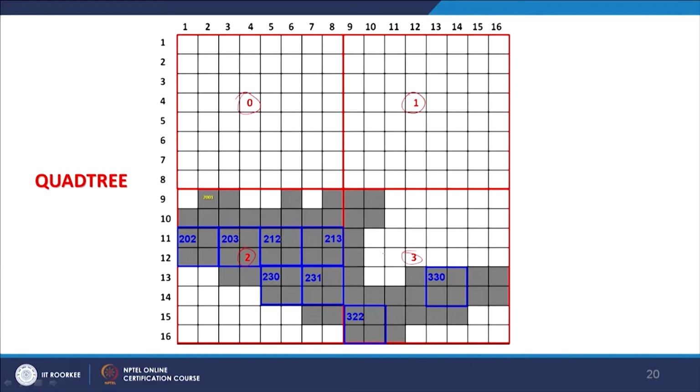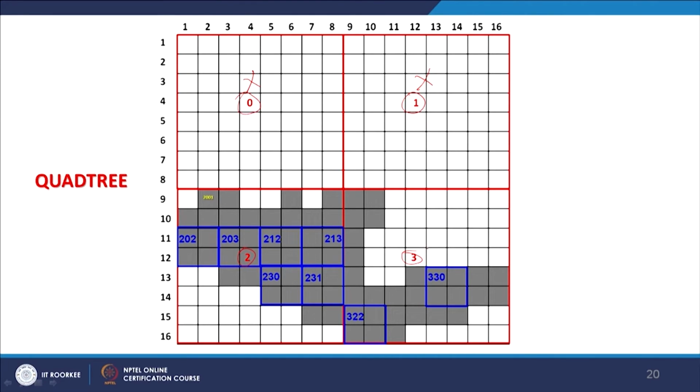Again, though these are numbers, these are codes. One can argue why not 0, 1, 2, 3, okay, you can do it likewise, it does not matter. So, first divisions are made. Now, no further divisions are required for quadrant 0 and quadrant 1. However, further divisions are required for quadrant 2 and quadrant 3.